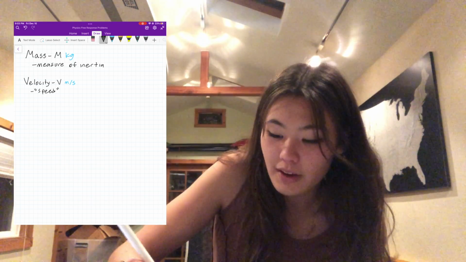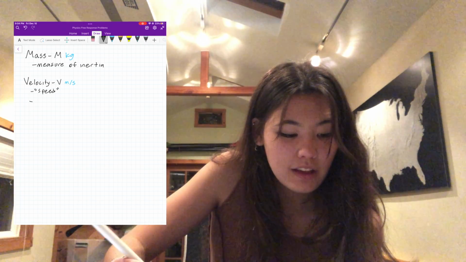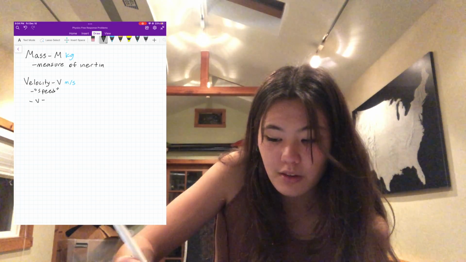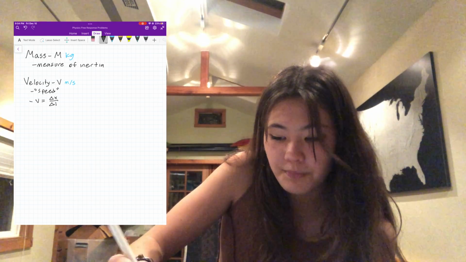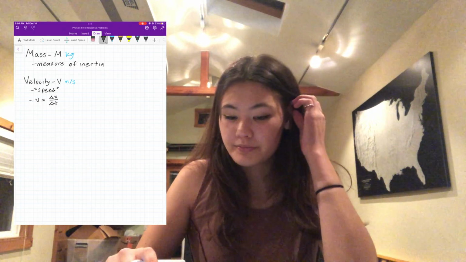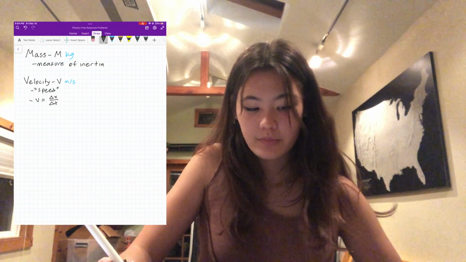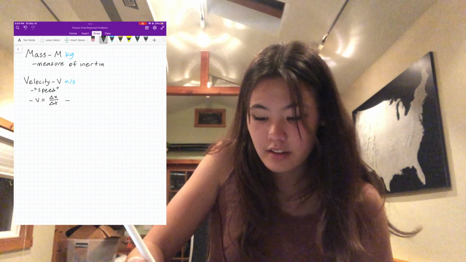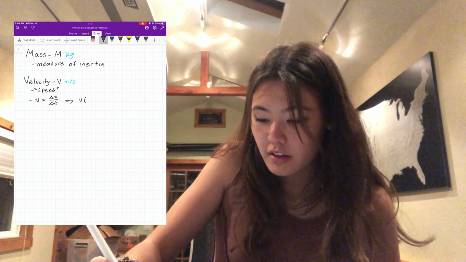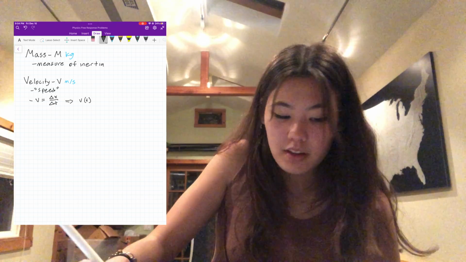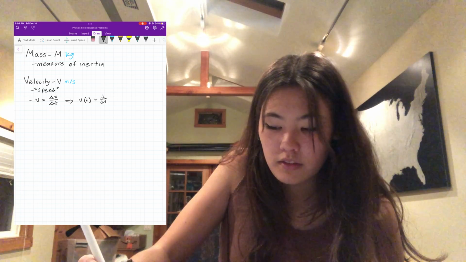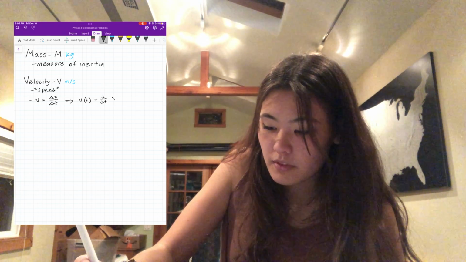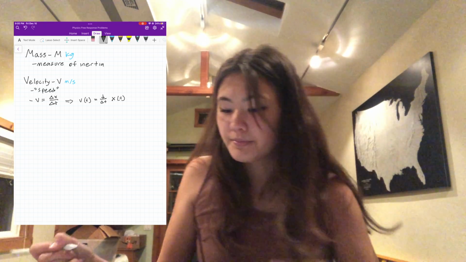So we can define velocity using the equation v is equal to delta x over delta t, which we know means that velocity as a function of time is equal to the derivative of its position.